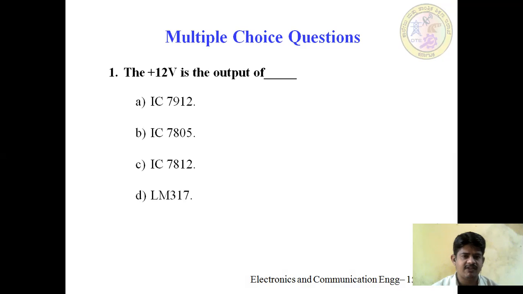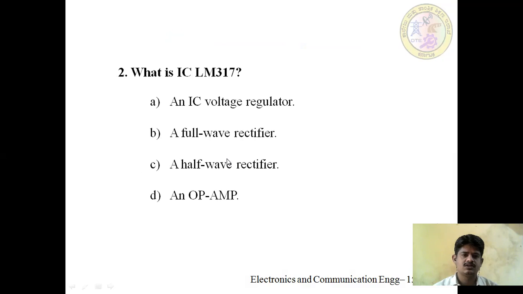It's a 78 series. So the option may be B or C. And the value given is 12 volt. Here you can see option B has 5 volts and C has the 12 volt. So which one is correct? Option C is correct, IC 7812. Okay. Let's move on to the next question.